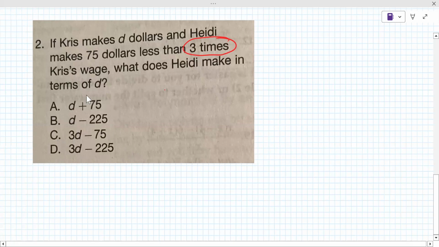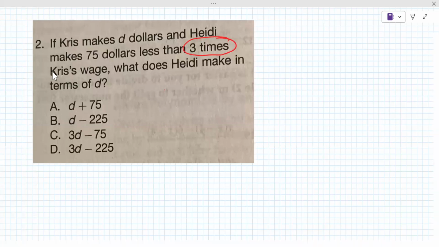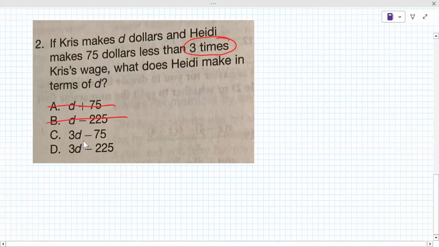Do you see a 3 times in any of the answers down here? C and D both have multiplication in them. Yes. So that's the in-between. That means it's either C or D. And then what's the difference between C and D?